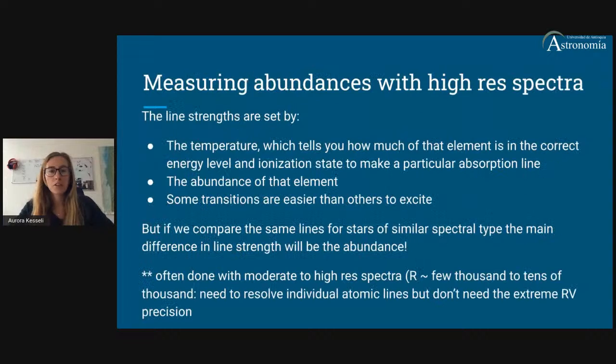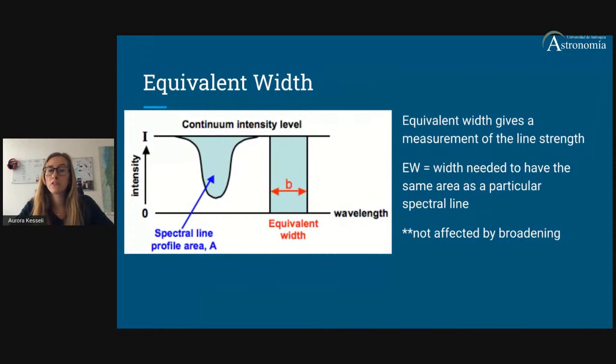So in order to measure the line's strength, we need some metric to measure how deep the absorption line is. And so usually what is used is the equivalent width. I'm sure that you learned about equivalent width in your introduction to astronomy class.